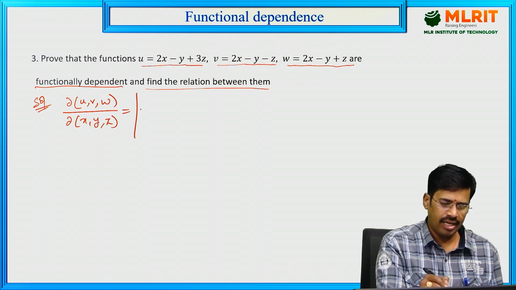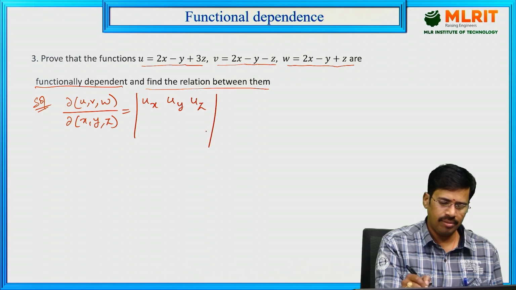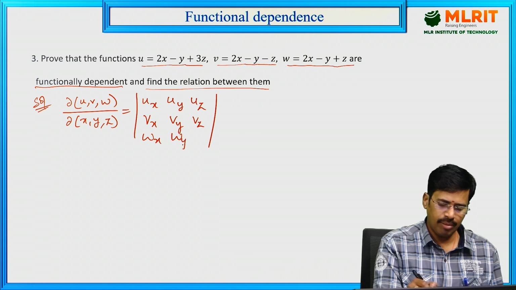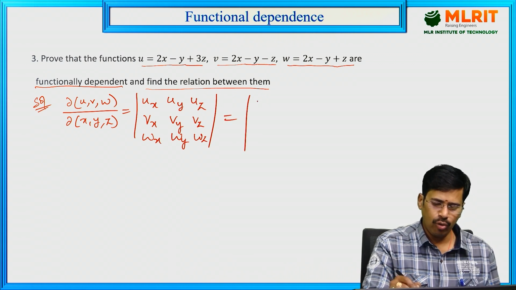This can be written as ux, uy, uz, vx, vy, vz, wx, wy, wz. What is dou u by dou x? 2. Dou u by dou y, that is -1.